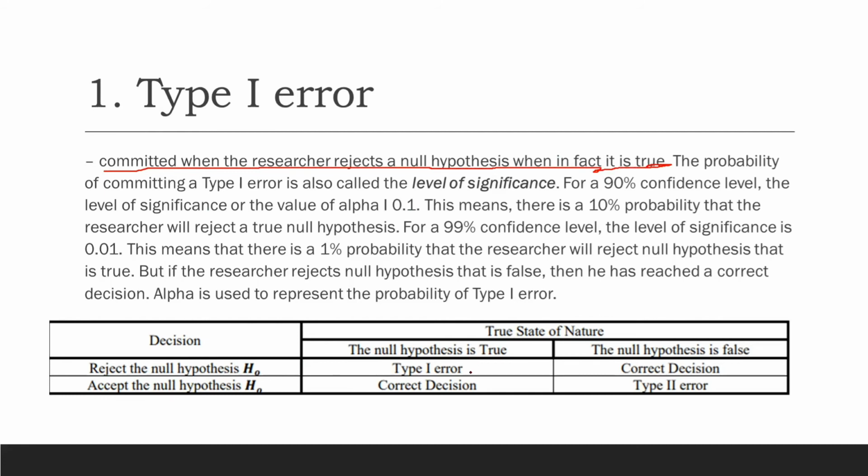Kapag true siya. So, ni-reject niya kahit true. So, this is the type 1 error. Pero, kapag it is false, o yung researcher, ni-reject niya yung null hypothesis that is false, then, he has the correct decision. Ayan.